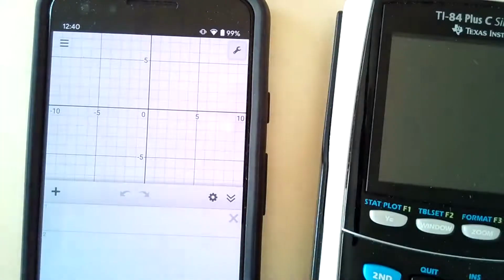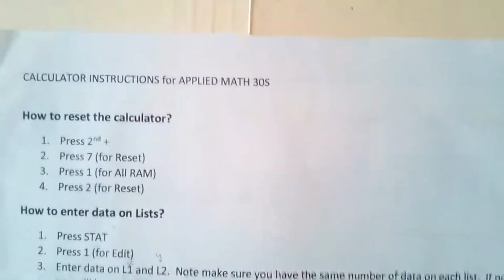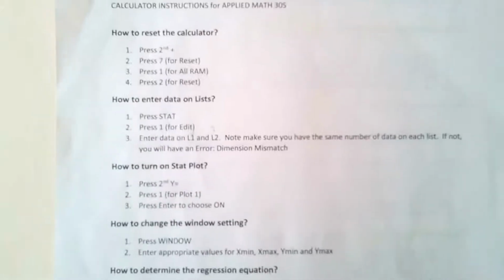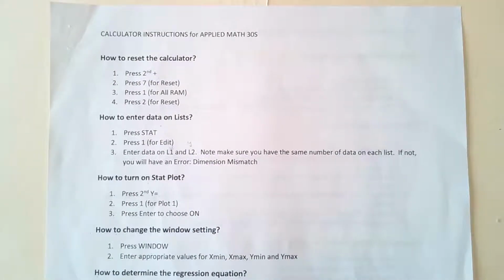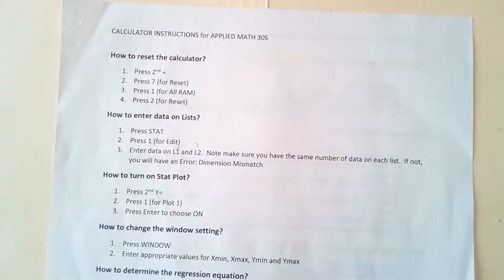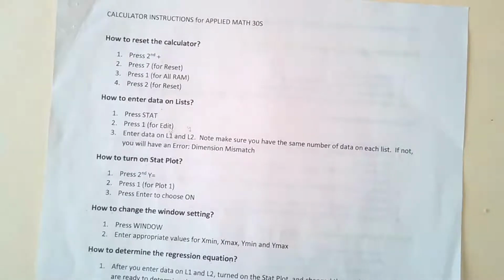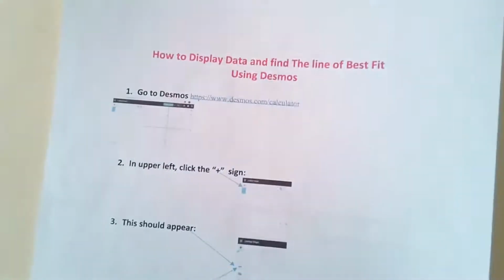As I said before, you'll need your graphing technology, in this case Desmos, and the graphing calculator. Also, I would recommend that you have handy with you the sheet here, for instruction using the graphing calculator, and also the one in Desmos.